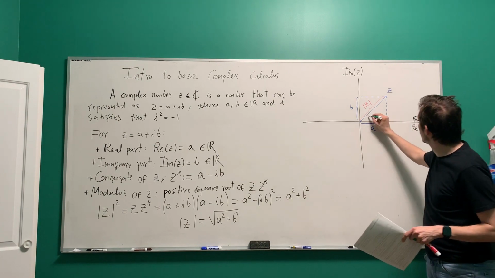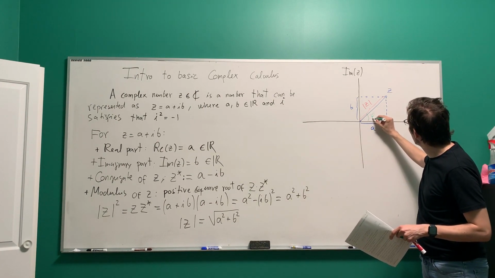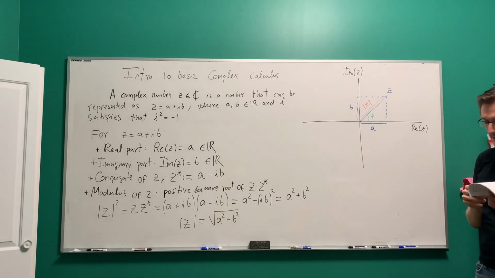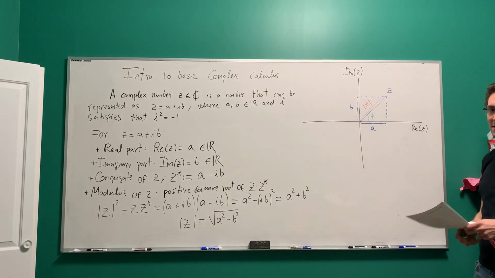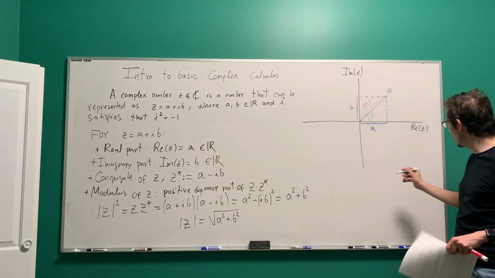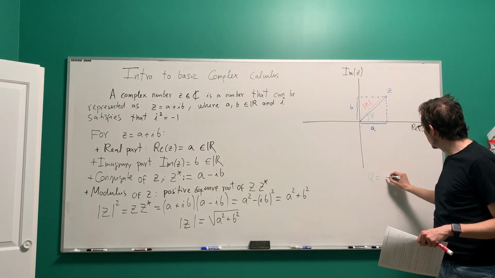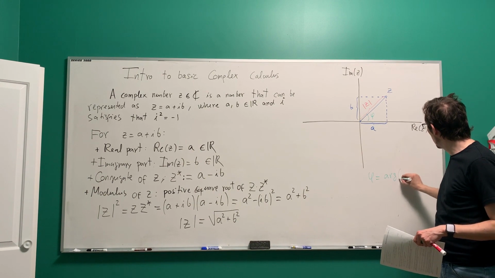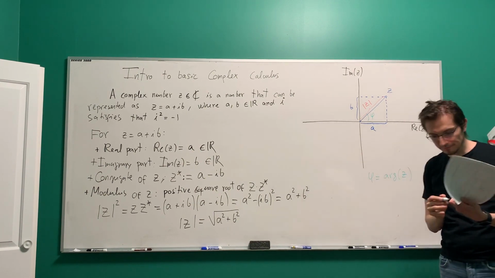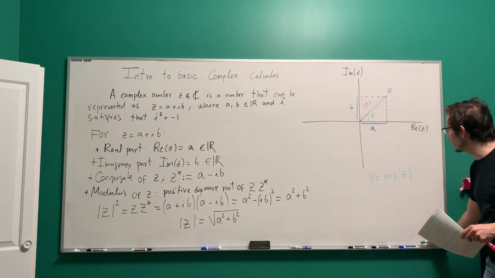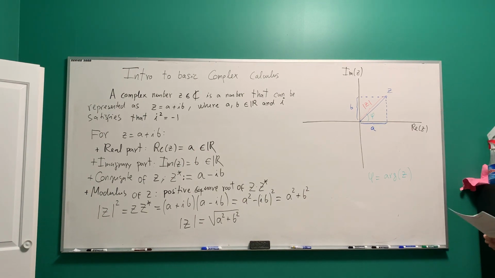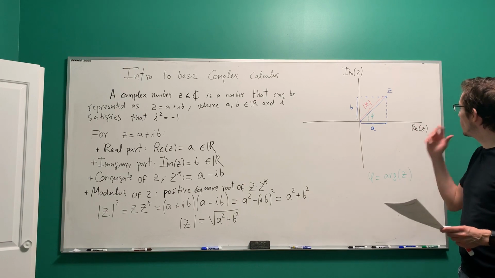We can introduce the angle phi that it forms with the x-axis. So this angle phi is what we're going to call the argument of the complex number. So phi is the argument of z. Okay? And it's going to play a role in the next thing I'm going to tell you. All right, so any questions so far?